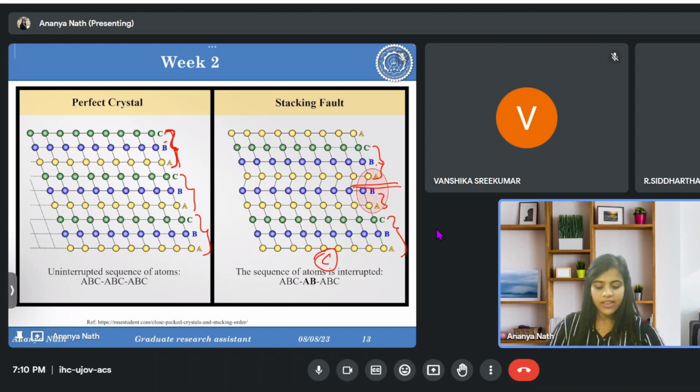Third thing was stacking fault. It's again a very interesting and important topic for further research, because this stacking fault is a unique phenomenon. When there is a missing plane, everywhere you can find stacking faults and you can restrict the dislocation movement.